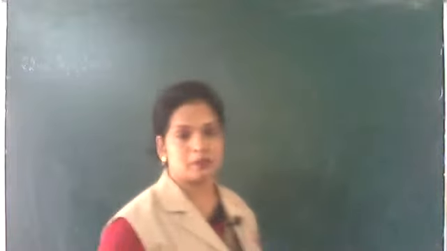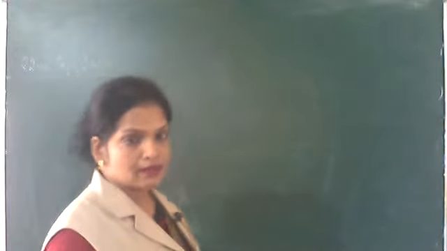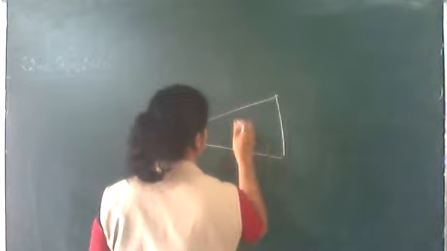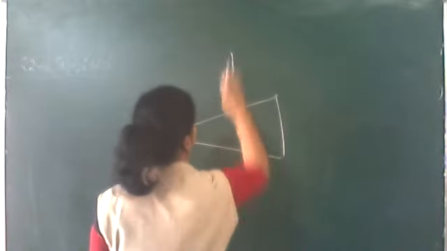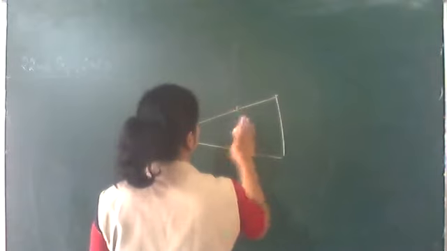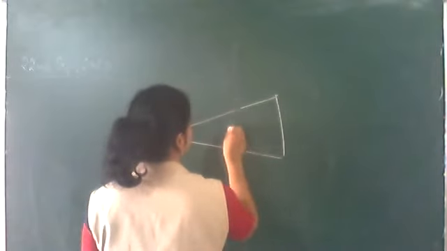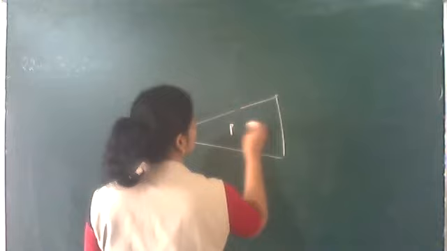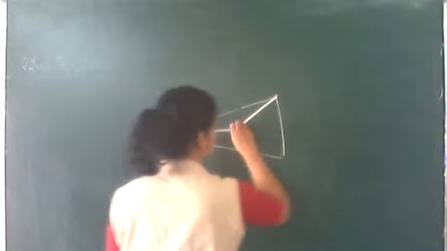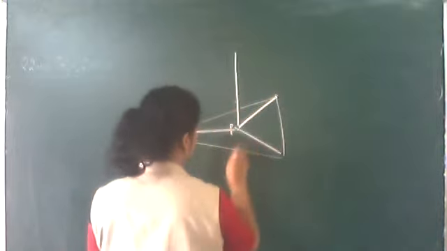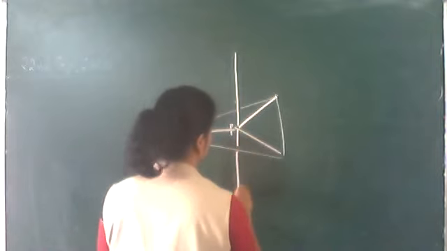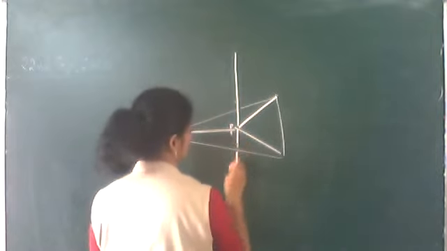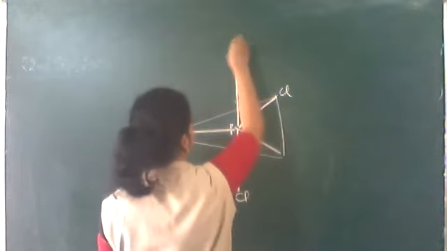And the next is expanded octet. It means more than 8 electrons around the atom. For more than 8 electrons, you can consider phosphorus pentachloride.